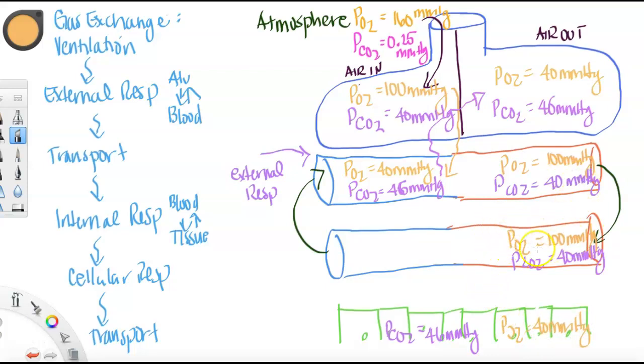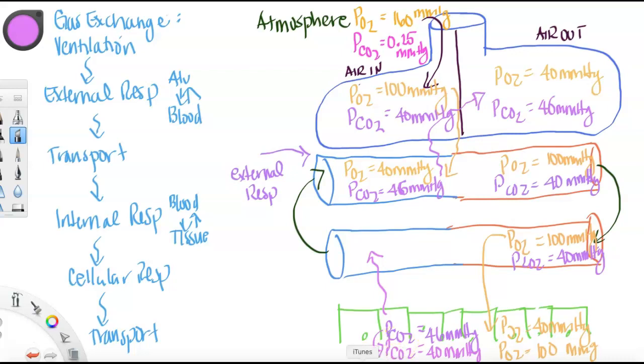So as the blood comes through, the oxygen comes into the tissue, okay, makes the tissue now 100 millimeters of mercury, and the CO2, the carbon dioxide, goes into the blood, and now the PCO2 is 40 millimeters of mercury.